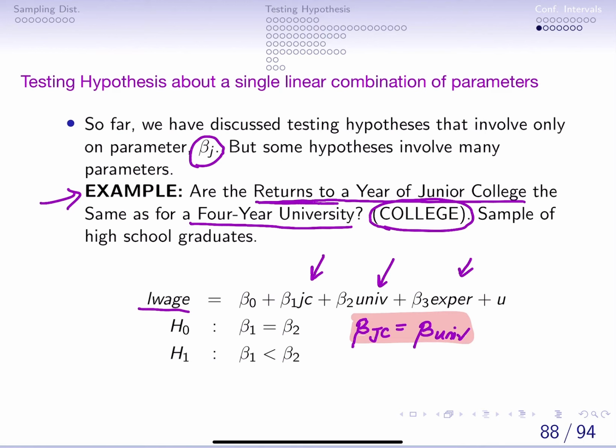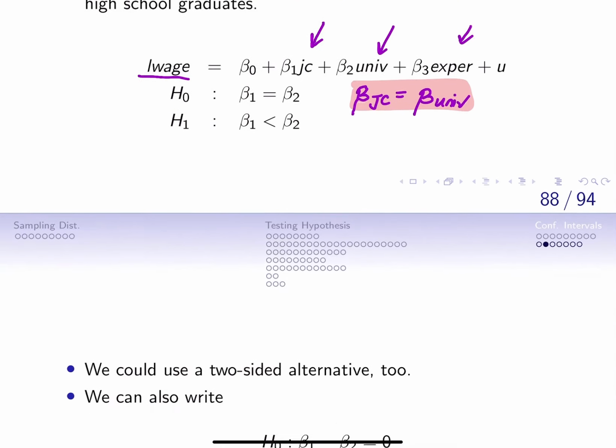We could write our alternative in this way, or in this way, where we might have good reason to believe that adding a year to junior college is less than adding a year to a four-year university. So it really depends on how the alternative is stated.